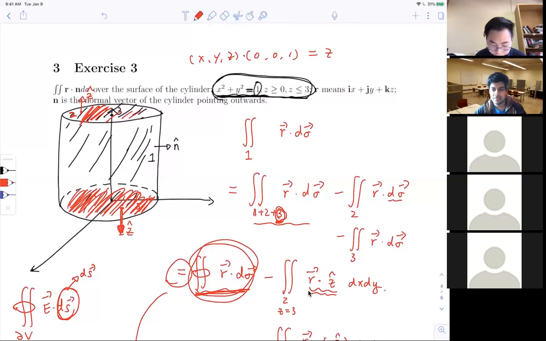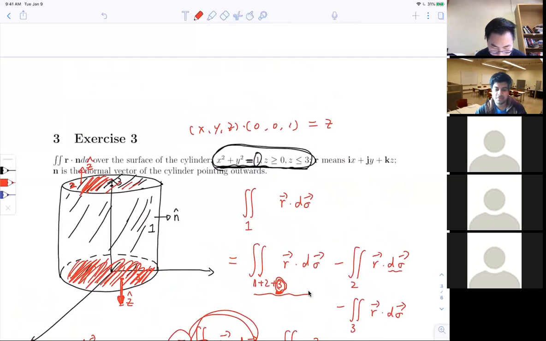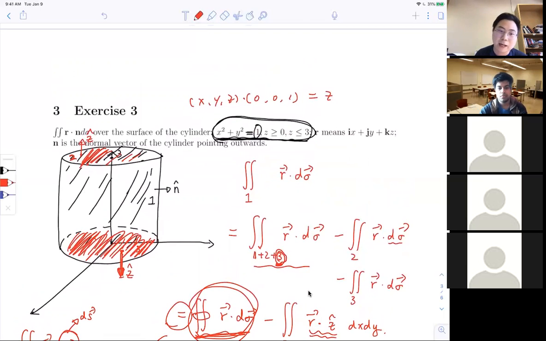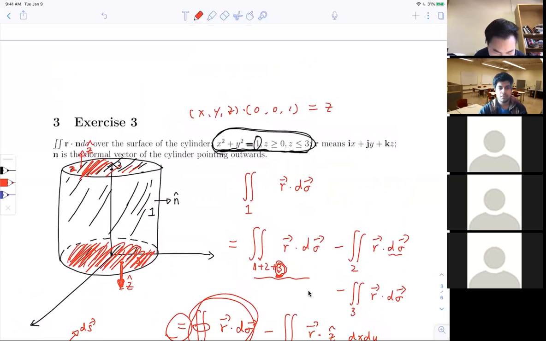So if you had to calculate it directly, do you mind actually solving for it? Oh, you mean for this one? Yeah. You can do it. I think it's just (x, y) over the square root of x squared plus y squared. For this one, I think n is given by this.